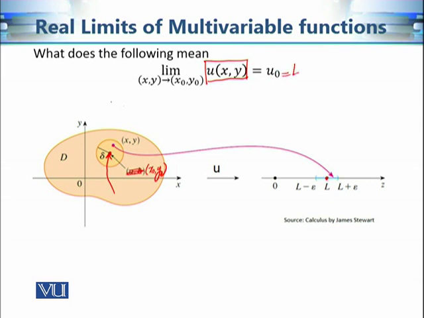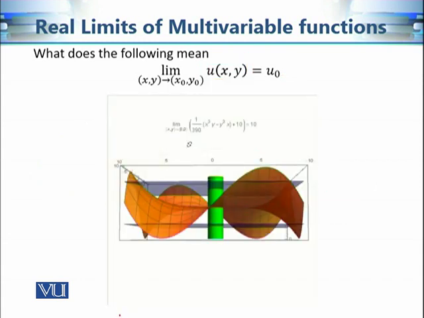Okay, so the limit is L, so this is in fact u0. And of course, when we say that the points are getting closer and closer to x0, y0, since these are points in the two-dimensional space, we can say that the distance between x0, y0 and any other point xy is getting smaller and smaller.